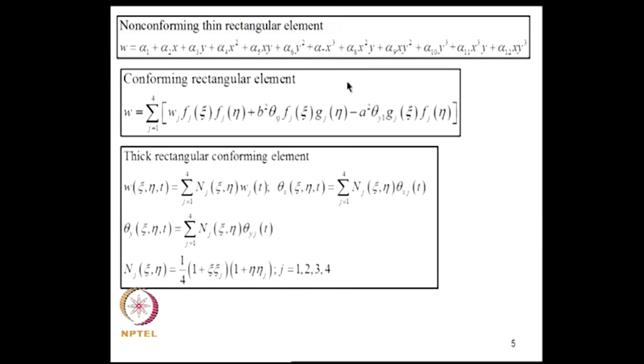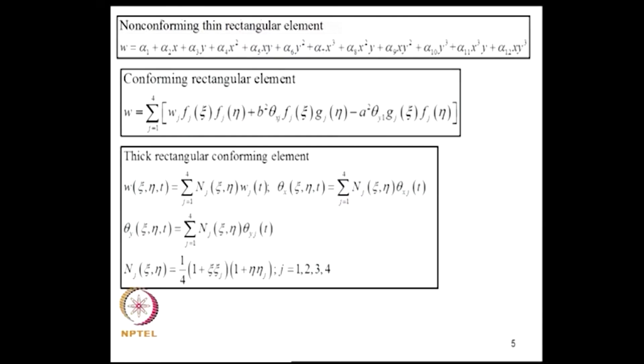To remedy that we introduced an additional degree of freedom. Then we considered thick rectangular plate elements, and we showed that it is a conforming element. We used these polynomials, quadratics, and we developed the stiffness and mass matrices and showed that this element is conforming type.